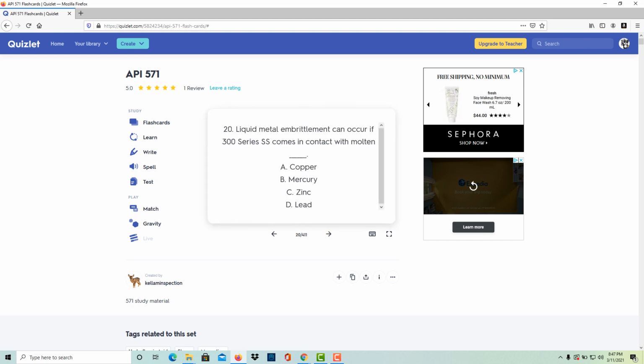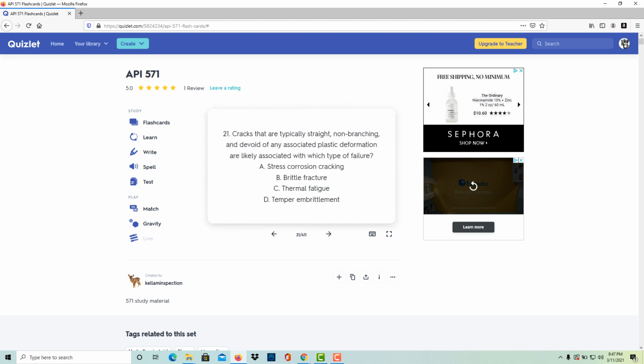Liquid metal embrittlement can occur if 300 series SS comes in contact with molten zinc. C, molten zinc. Cracks that are typically straight, non-branching, and devoid of any associated plastic deformation are likely associated with which type of failure? Non-branching, no plastic deformation. That sounds like brittle fracture to me. B.